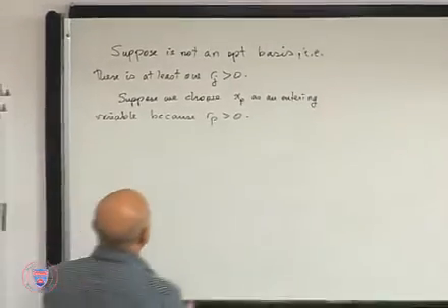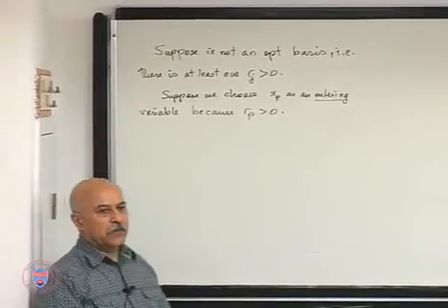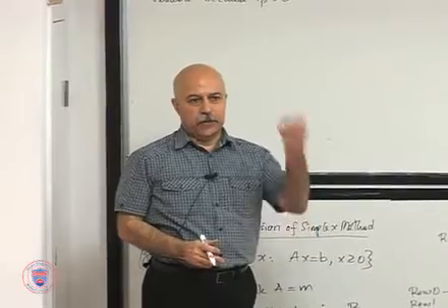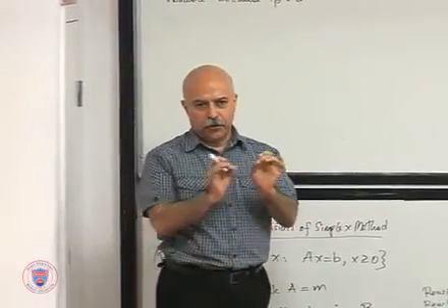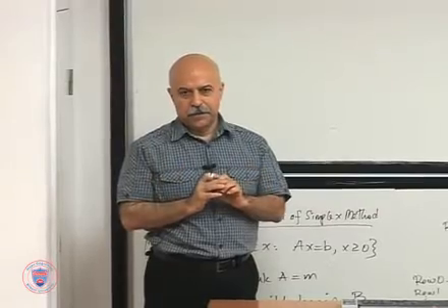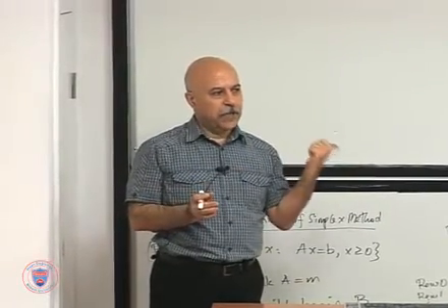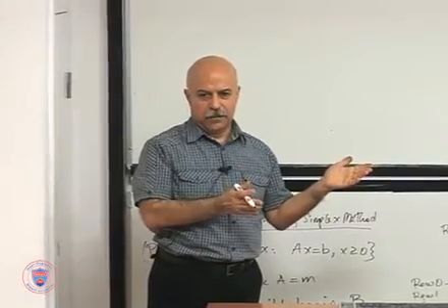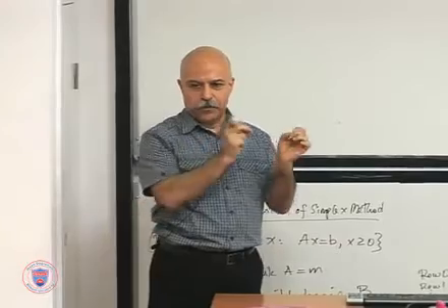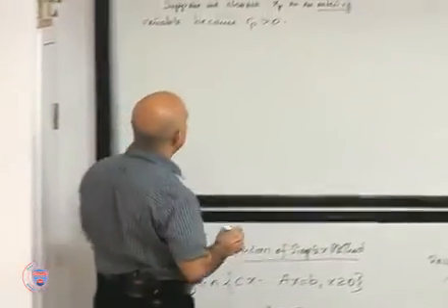So what does it mean for xp to be an entering variable? Currently, it's a 0 or non-basic variable, and it will be allowed to become positive now, while all remaining non-basic variables are still 0 or non-basic. And that means some basic variable in the current set of basic variables will go out, will become non-basic. That's how we move from the current basic feasible solution to an adjacent one, that we discussed before.